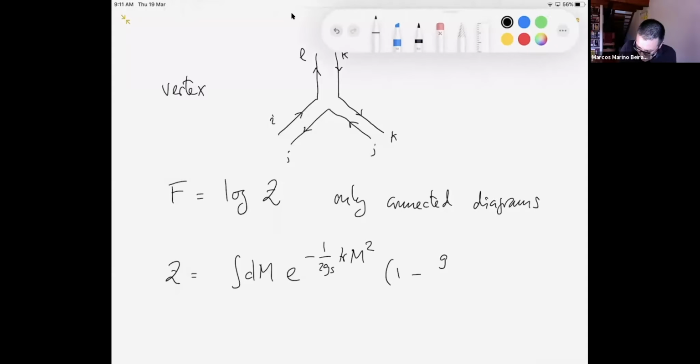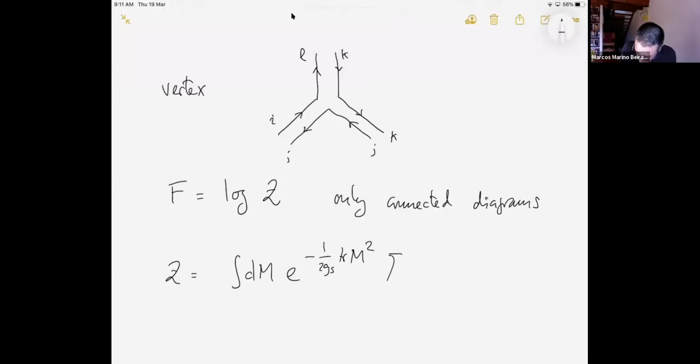Let me write it in a more unified way. So we'll have the sum over k bigger or equal than 0, and then we'll have minus G3 over 3 g_s to the k, and then trace of M cubed to the k, okay?